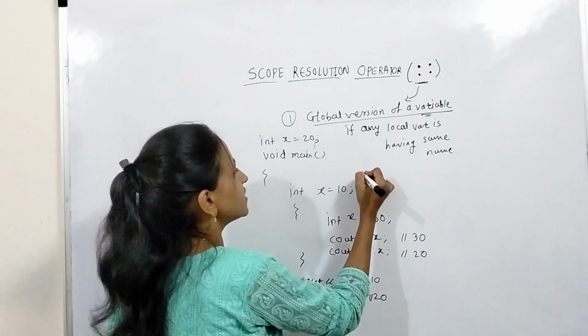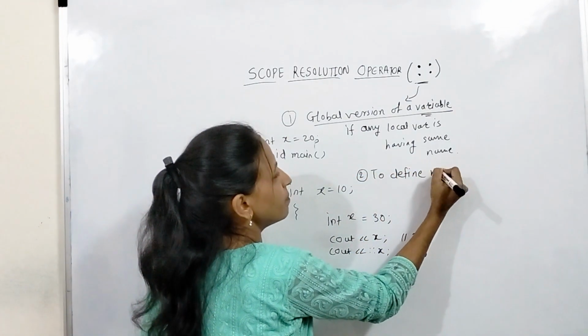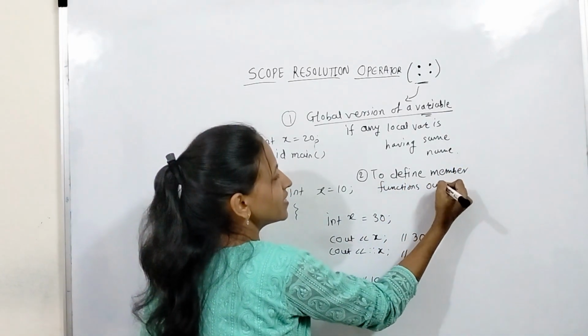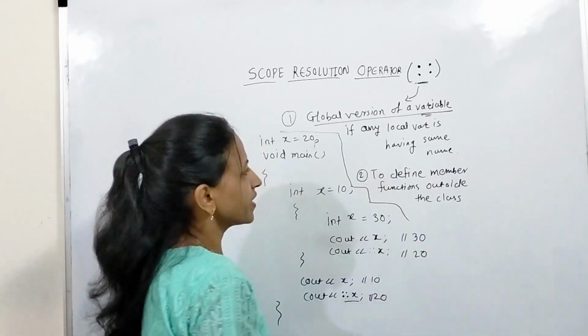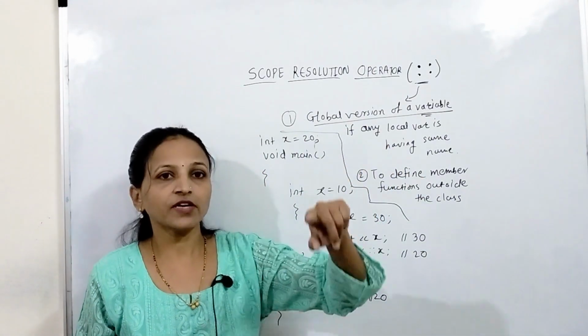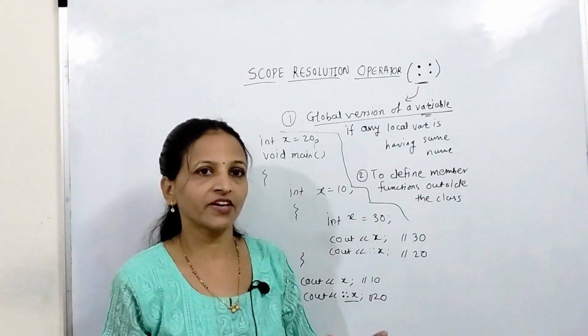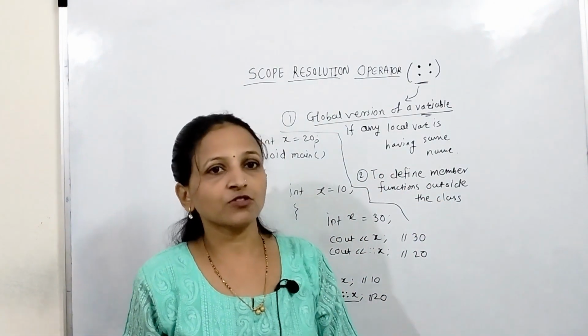The second use is to define member functions outside the class. So the first use is to access the global version of a variable if it has the same name as a local variable, and the second is to define member functions outside the class.